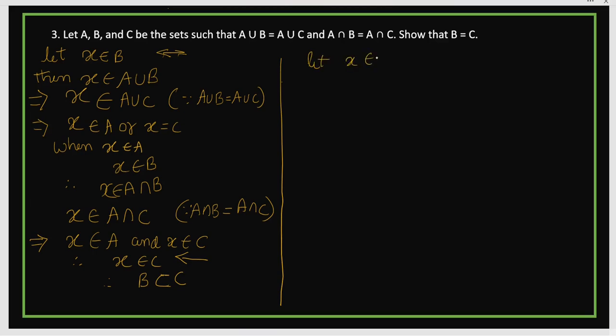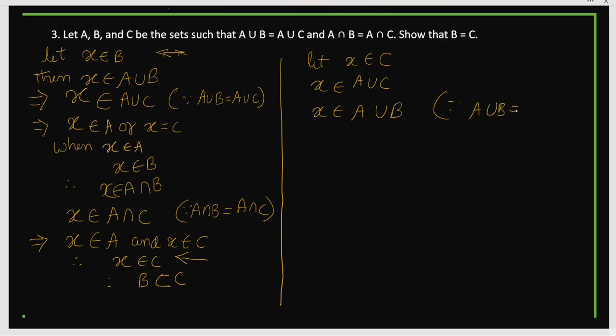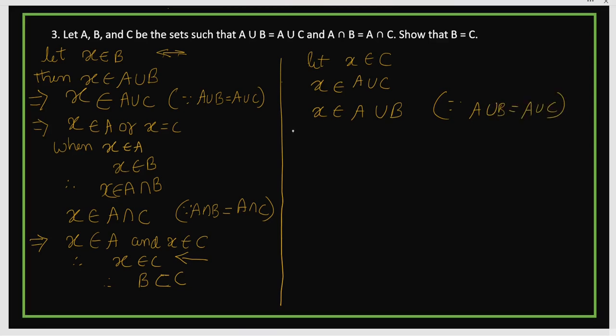Let x belong to C. Then x belongs to A union C, so x belongs to A union B, because of the same reason, A union B equals A union C. This implies x belongs to A or x belongs to B. When x belongs to A, we started with x belongs to C, so x belongs to both. x belongs to C and x belongs to A also. x belongs to A intersection C, right?